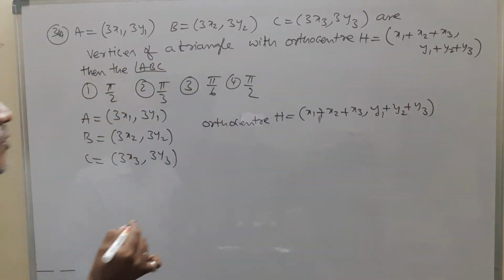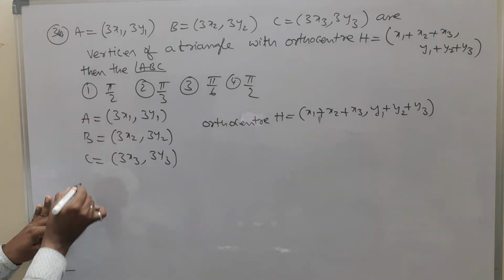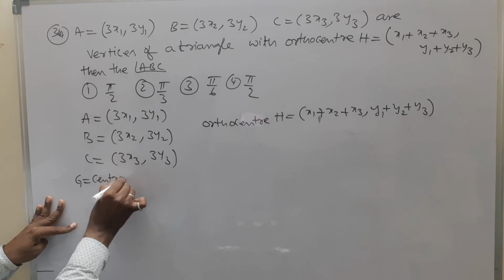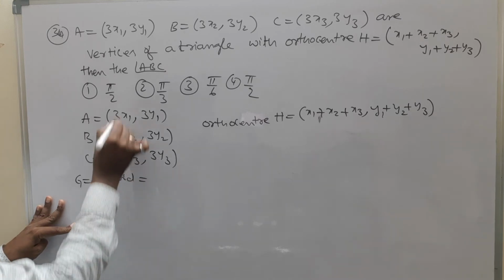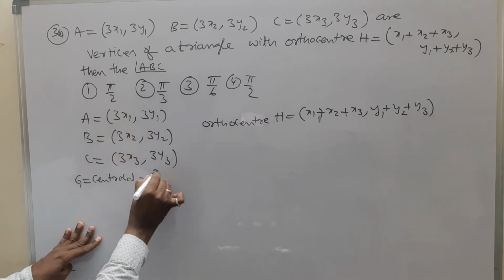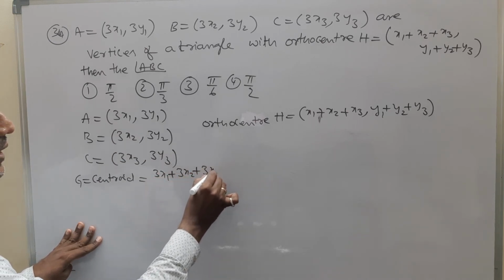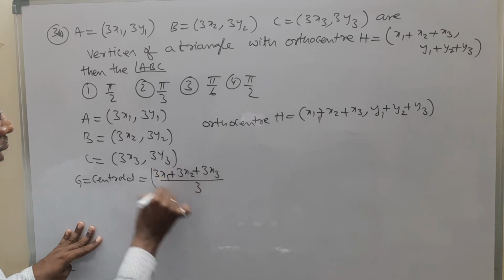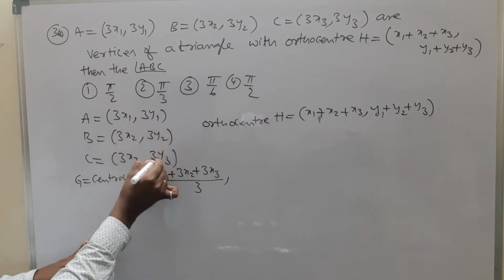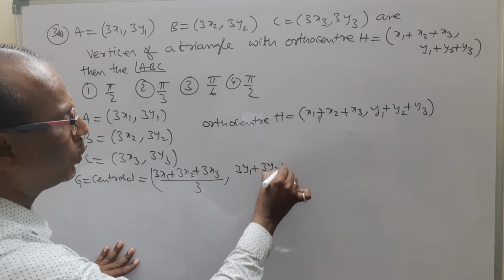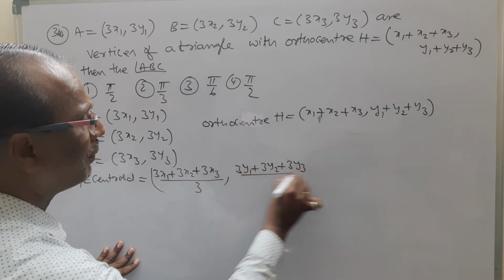These are the coordinates of the orthocenter H. To find the centroid G of the triangle ABC: (3x1 plus 3x2 plus 3x3) by 3, comma, (3y1 plus 3y2 plus 3y3) by 3.